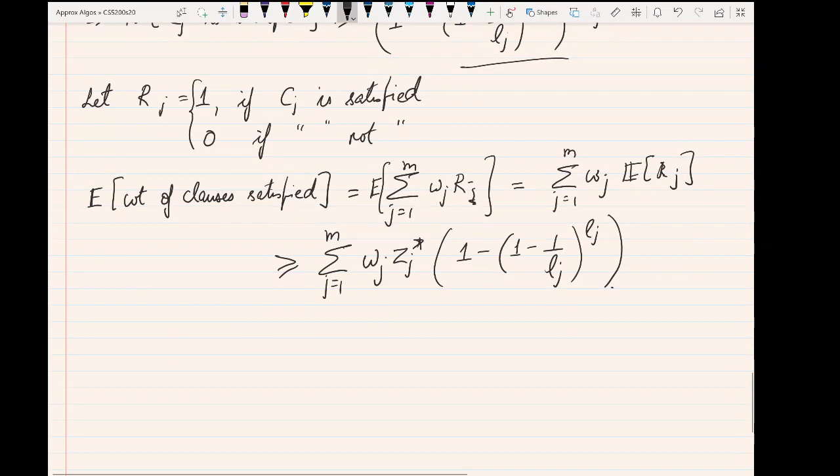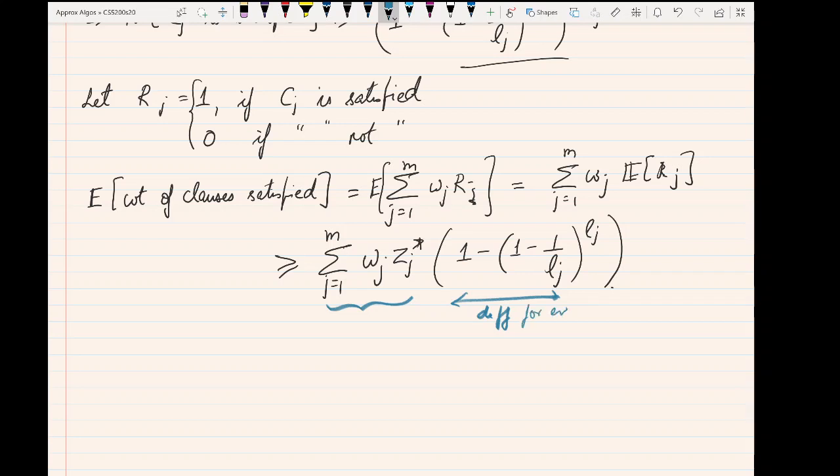Now notice that the term over here looks very close to our LP value, except for the multiplying term here, which is different for every clause, because the length Lj of every clause is different.